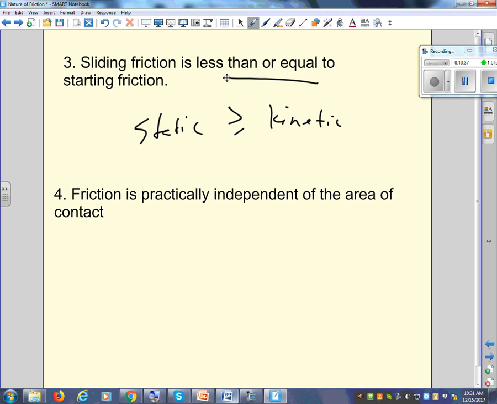Friction is practically independent of the area of contact. In other words, there's just as much friction when it's sliding on its back as there is on its spine, provided that this is the same surface as this. Like if this was made out of sandpaper, obviously that would be different, right? But yes, the friction is independent. A lot of people are confused by that.